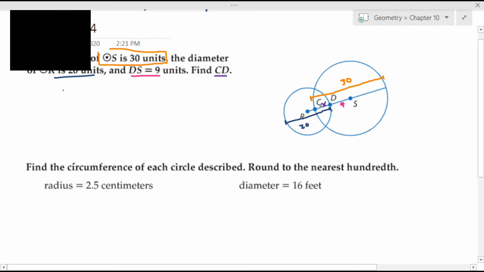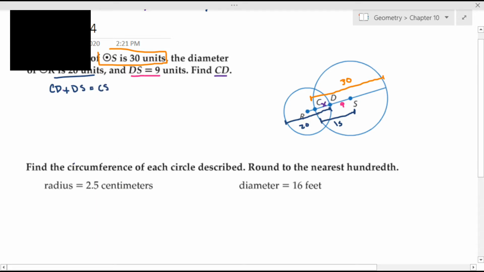Okay, so first of all, I'm going to do some math. I know that if the diameter of circle S is 30, then CS has to be 15. I'm going to do a quick segment addition postulate that we know. So CD plus DS is going to add up to CS.